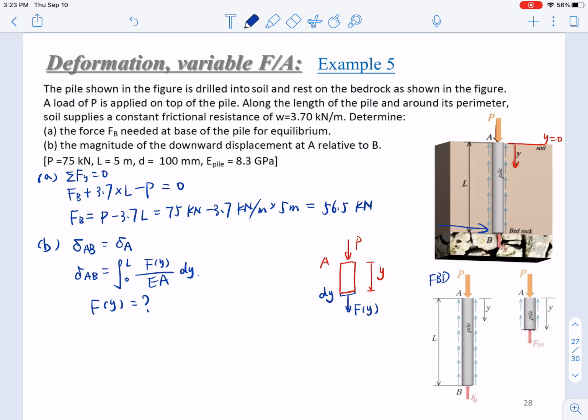So based on this free body diagram, we have frictional resistance, that is W equals 3.7 kilonewton per meter or 3.7 newton per millimeter. Right, these are the same.